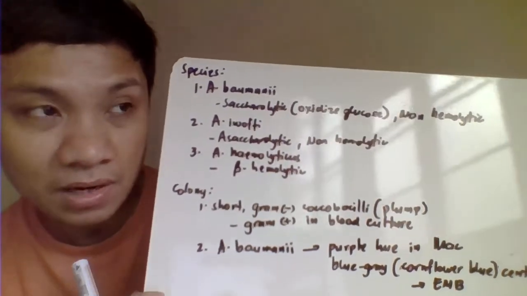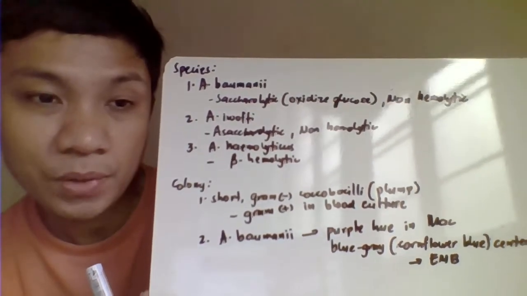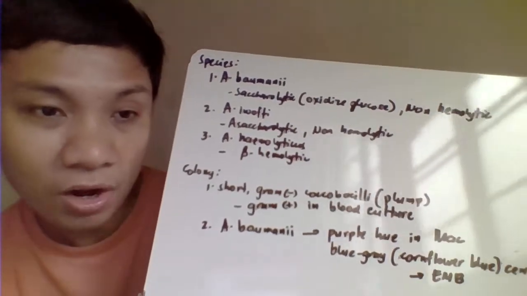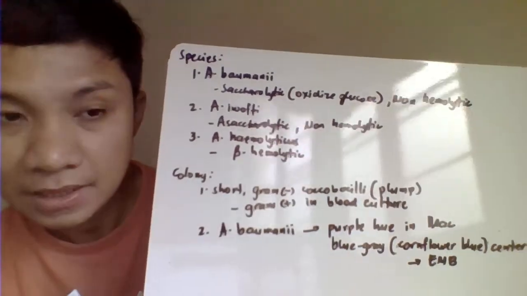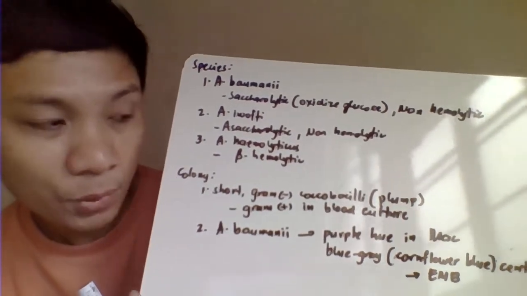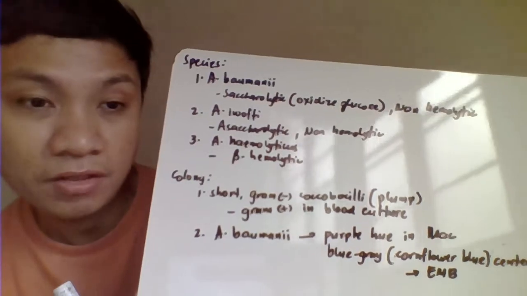But in the case of your Acinetobacter, we consider this one a lactose fermenter because it appears purple in your MacConkey agar. But in the EMB, using methylene blue, it would appear blue-gray with a corn flower blue center on your EMB.